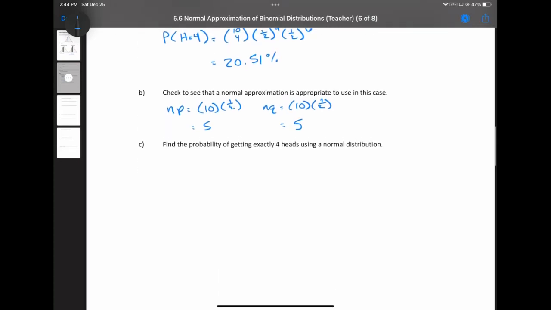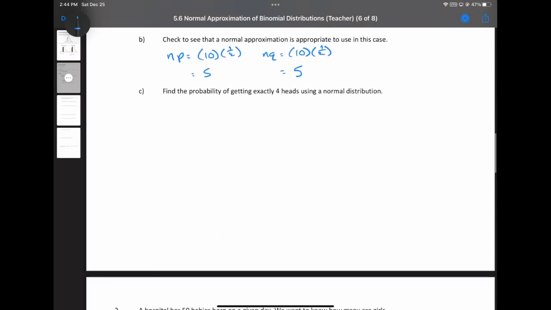Now I'm going to do a little bit of an aside here. Specifically, I'm going to find x bar, which is equal to n times p. Now the nice thing is we actually just calculated that in part B. So that's our average. And then our standard deviation is the square root of NPQ.